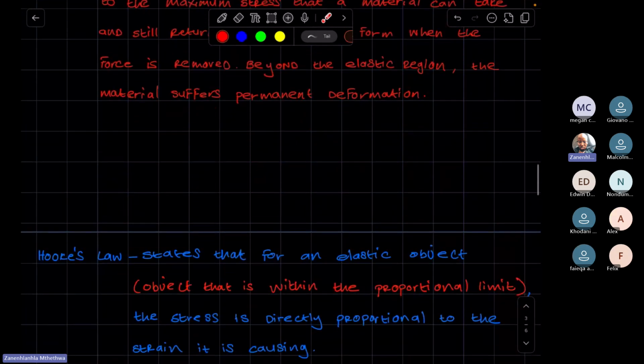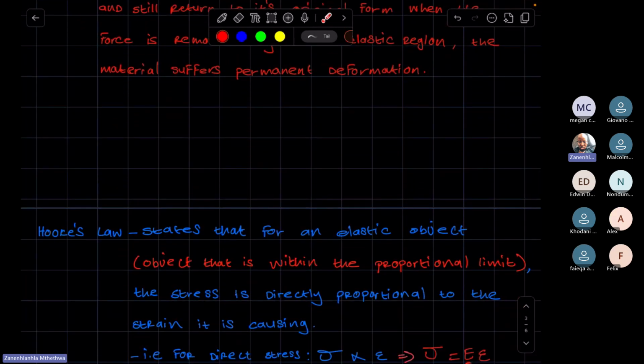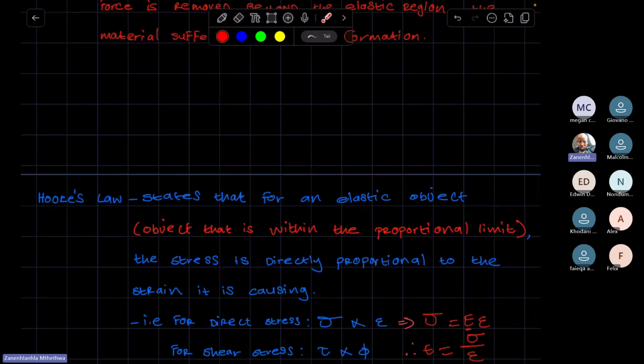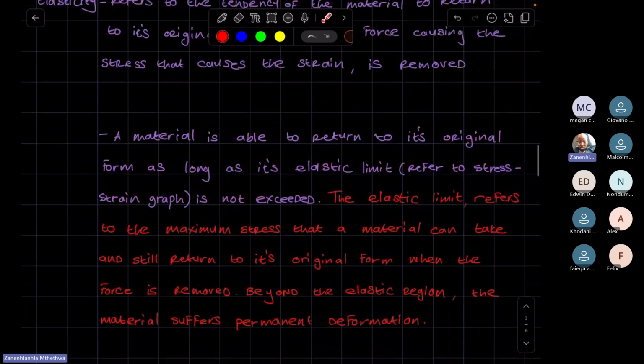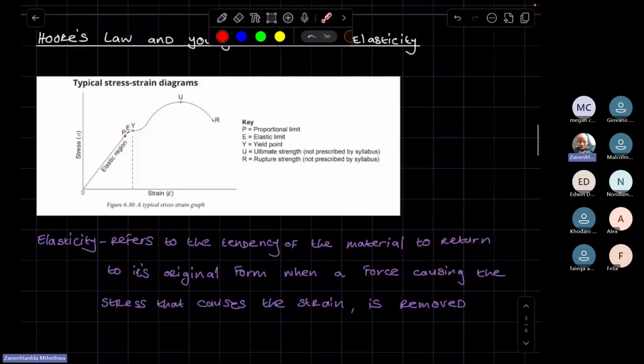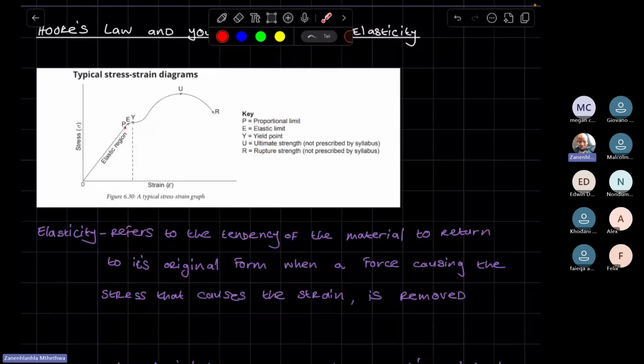Right. So let us get into Hooke's law. Hooke's law states that for an elastic object, the stress is directly proportional to the strain it is causing. If you look at Hooke's law from the perspective of the graph, in the elastic region the graph is a straight line.